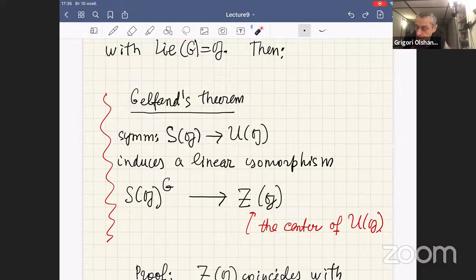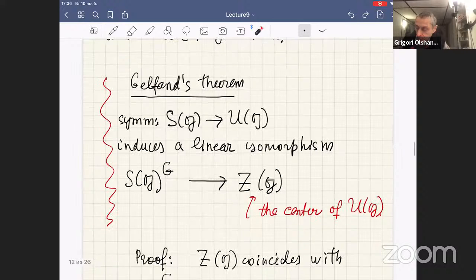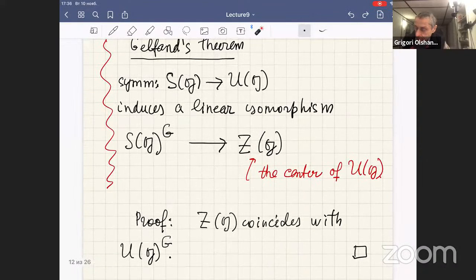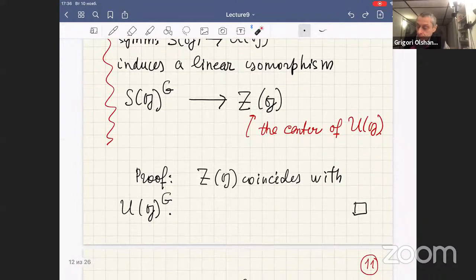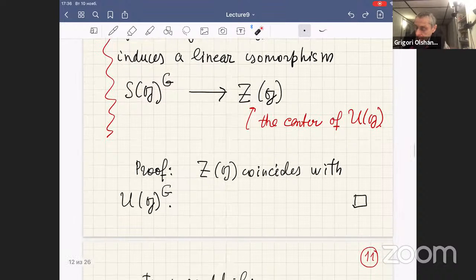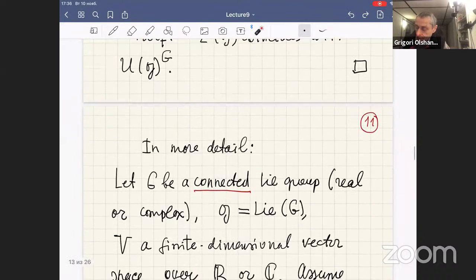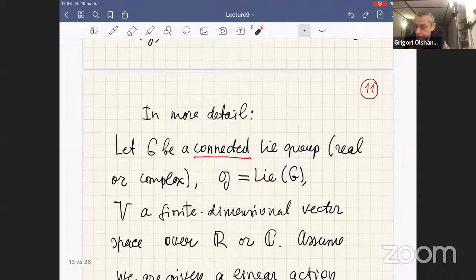So first, let's prove why it's true. Here I just wrote that it is obvious, but nevertheless, let's explain this in more detail.